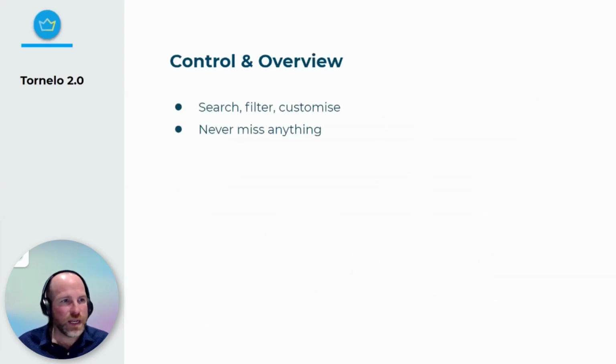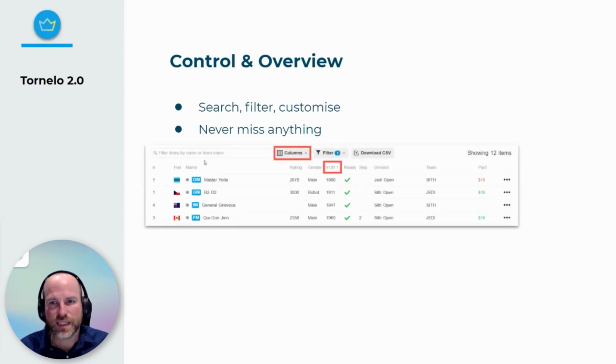We have significantly enhanced our control and overview of games and tournaments. The first thing that we've done is all of our tables, we've now got a column chooser. So you can choose different columns, and we've also got sortable columns.